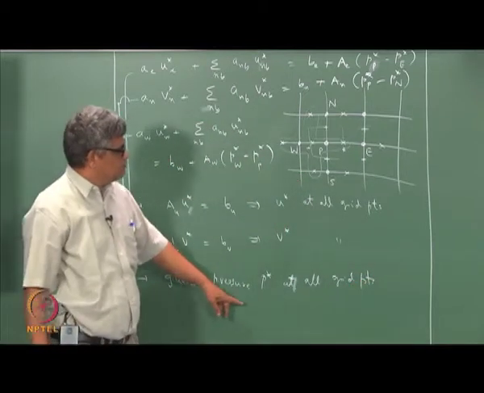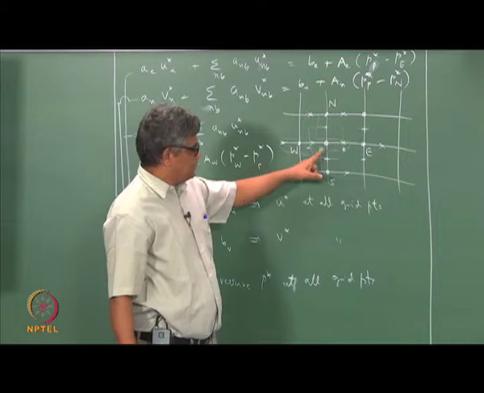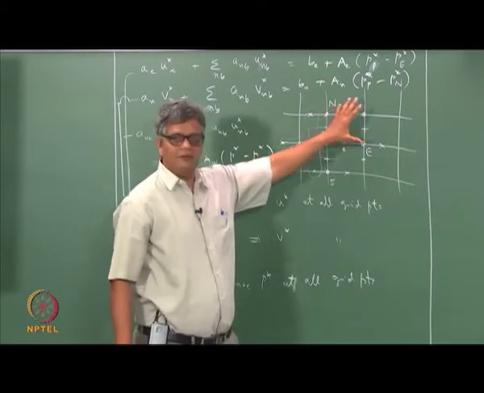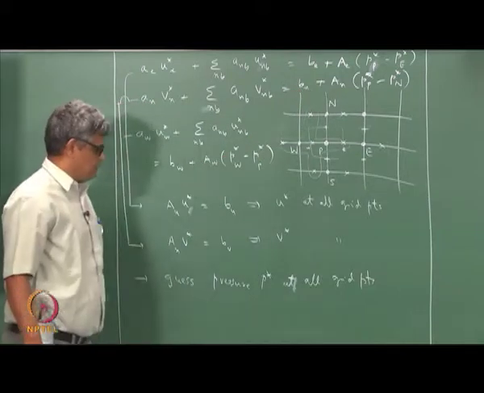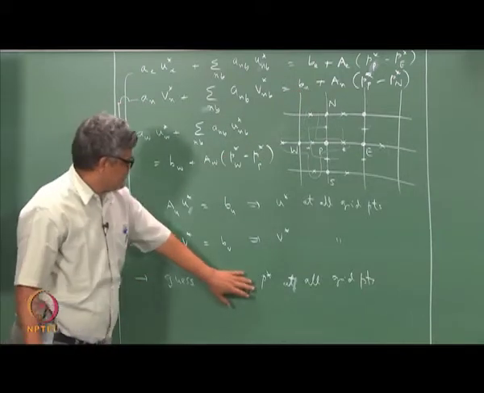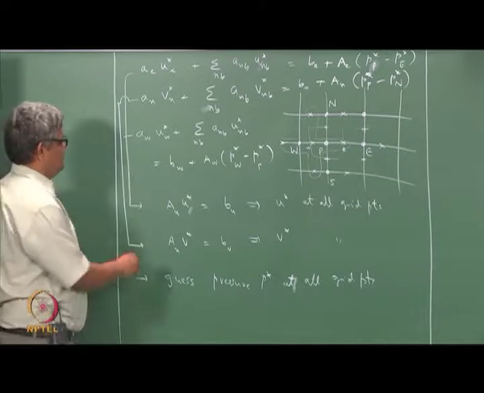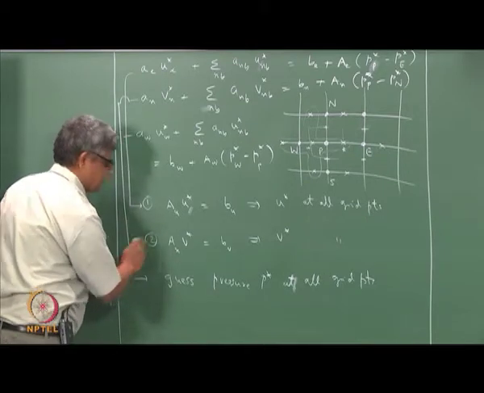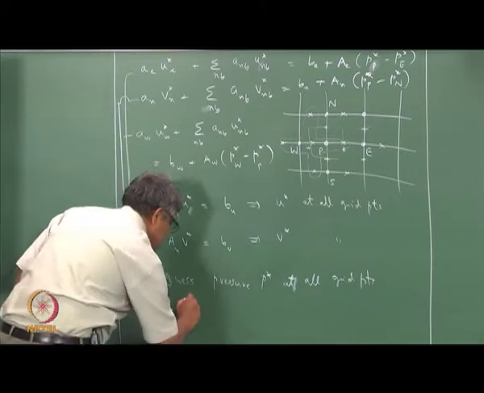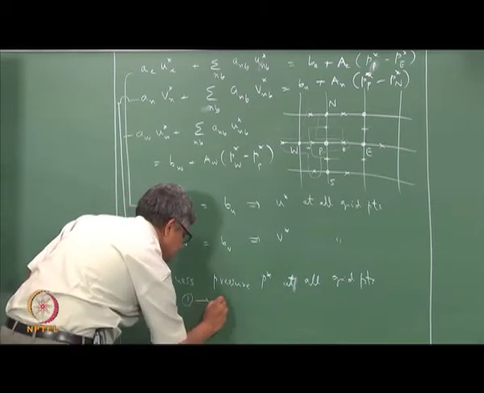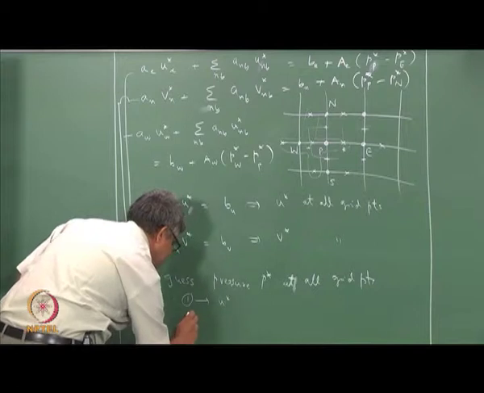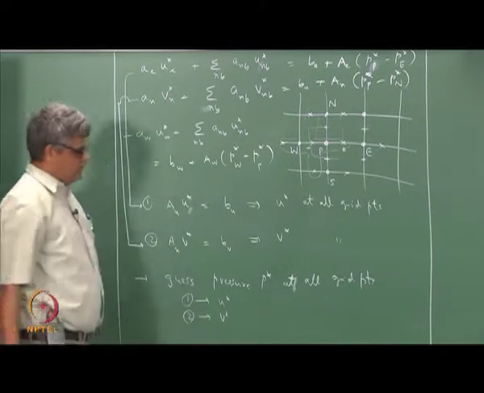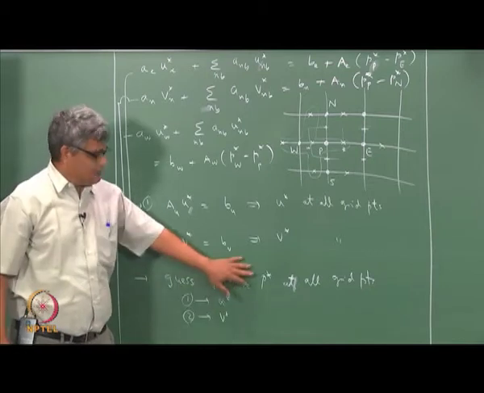Okay, so that means that we know pressure at capital P, capital E, capital W, capital S, capital N for every point at which pressure needs to be evaluated. So, with this pressure field we can solve, for example, this equation 1 here and 2 here, and from 1 we get u star and from 2 we get v star, but these are with the guessed field.